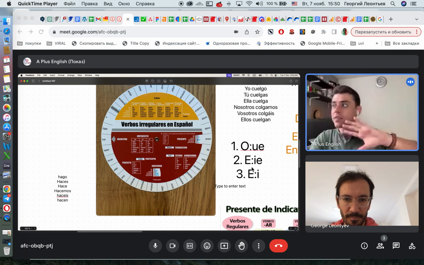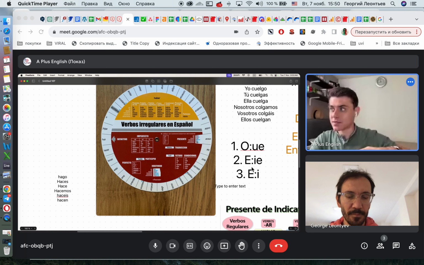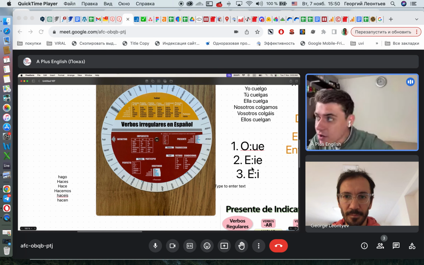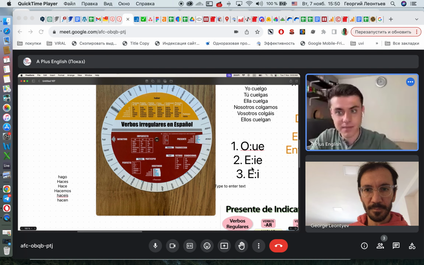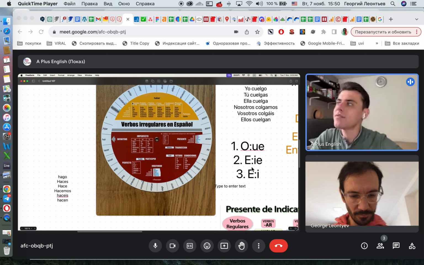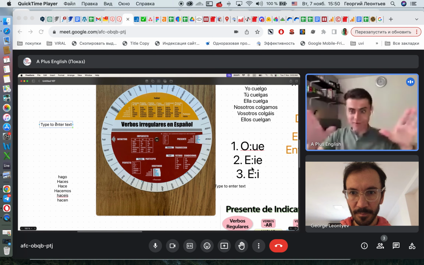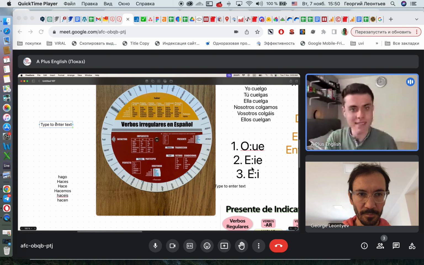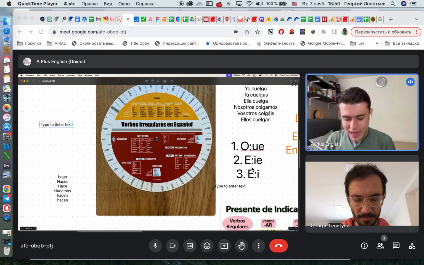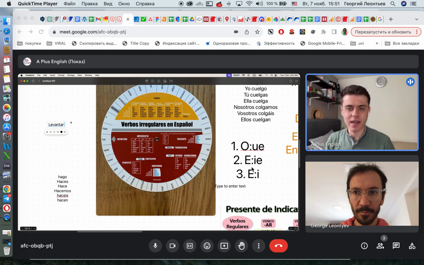So that is for the present tense. We use this right here when the verb is reflexive. What verbs are reflexive? A reflexive verb shows you that it's reflexive because the infinitive ends with se. We have a verb, levantar, which means to pick up.